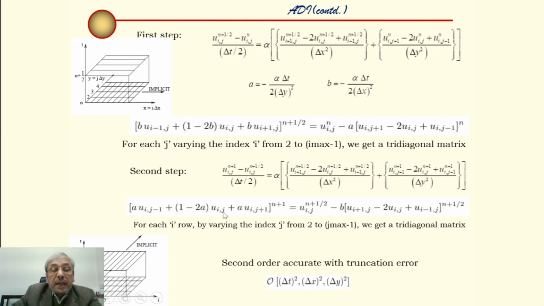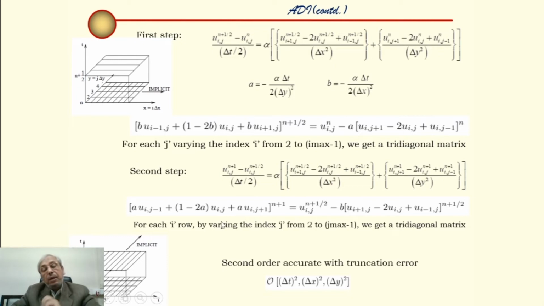So if we vary j equal to 2, we'll get u i1, u i2, u i3, then j equal to 3, j equal to 4. So here, we'll keep i values constant. For example, at i equal to 2, if we vary j from 2 to j max minus 1, we will complete the sweep.